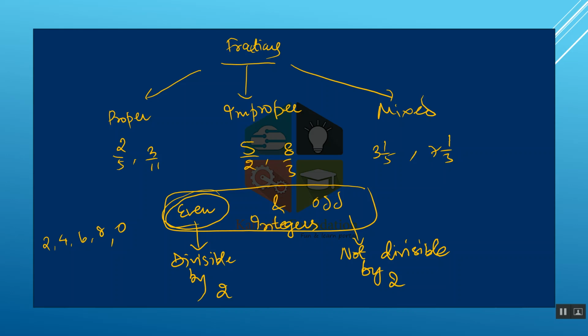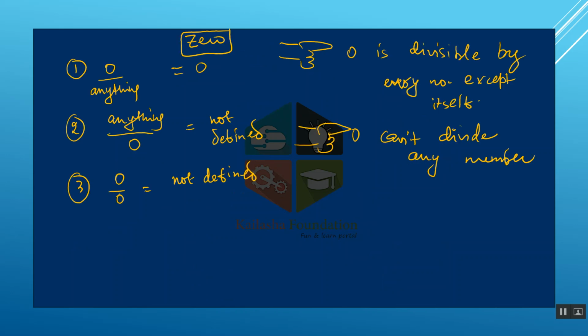A number without decimal places ending in 2, 4, 6, 8 or 0 is even, and the numbers without decimal places ending in 1, 3, 5, 7 and 9 are odd.